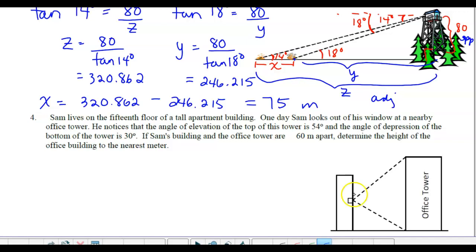So here's Sam, with funny hair. He's looking out from the horizontal up to the top. So I'm actually going to draw that horizontal across, because remember that's going to meet at 90 degrees, and the angle of elevation is 54 here.